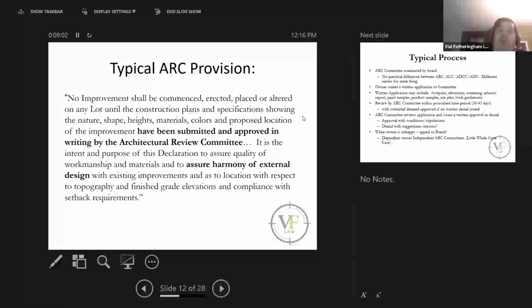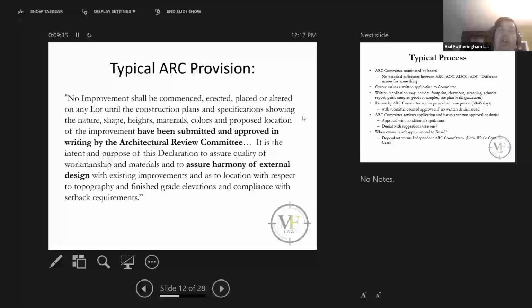Frequently, Improvement is a defined term in governing documents, particularly in a set of documents for a planned community. And Improvement, when it's defined, often includes anything that is not dirt. It includes structures, fences, retaining walls, and often landscaping. So Improvement is typically defined very broadly, and that's something you would need to look at in your documents.